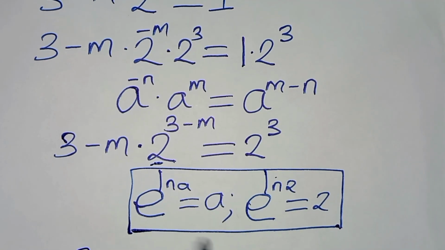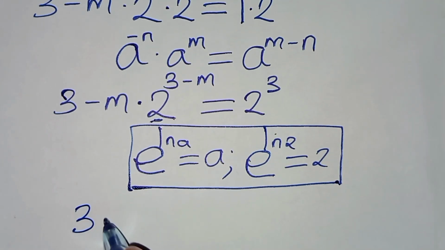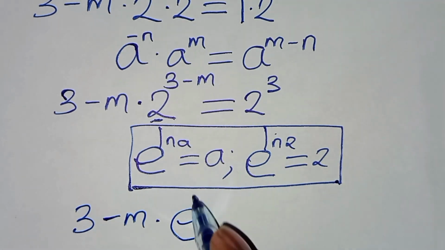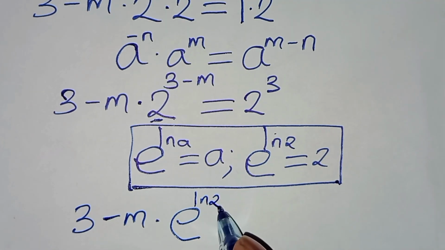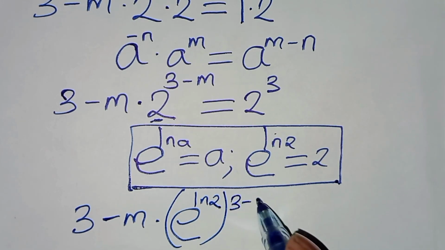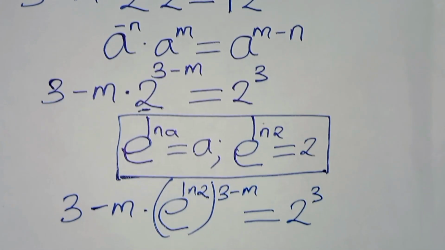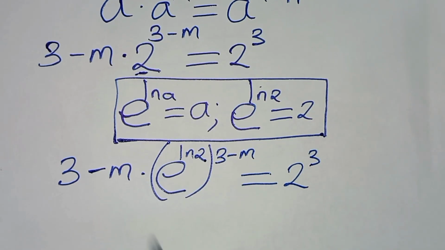So we'll have 3 subtract m multiplied by e to the power of natural log of 2, raised to the power 3 minus m, is equal to 2 to the power 3. Let's proceed from here.